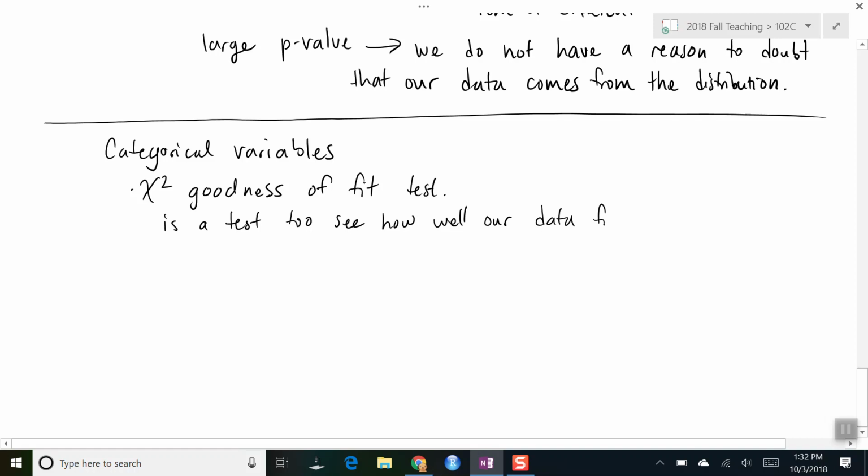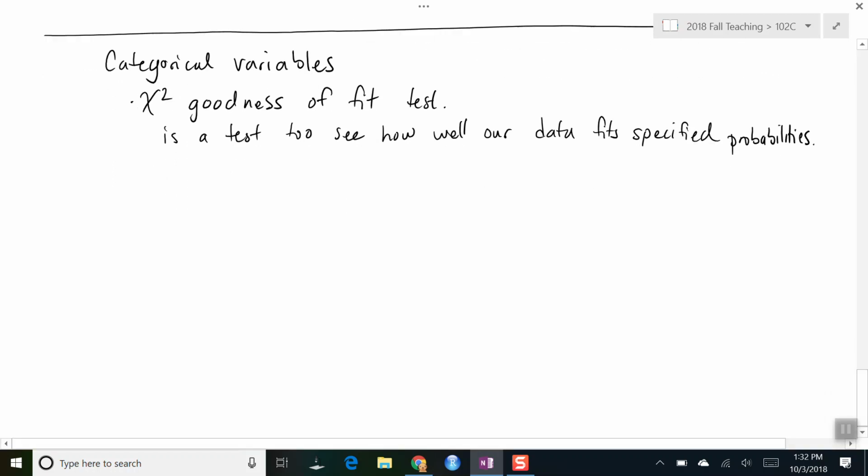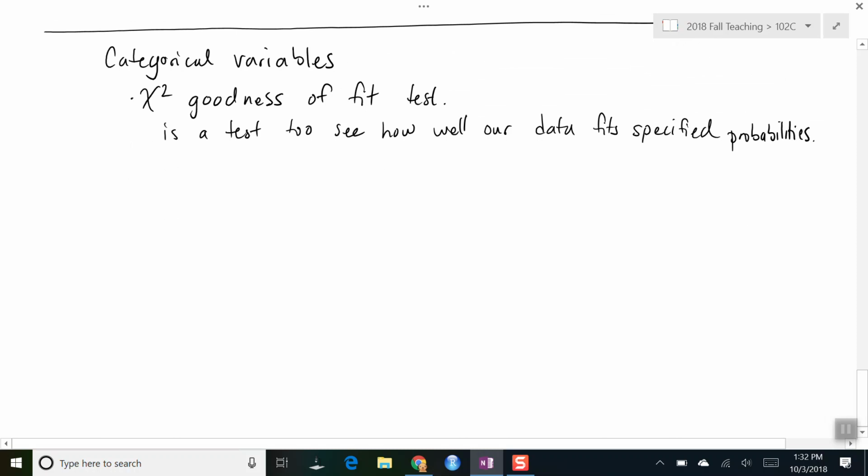All right, and this is a test to see how well our data fits specified probabilities. Okay.